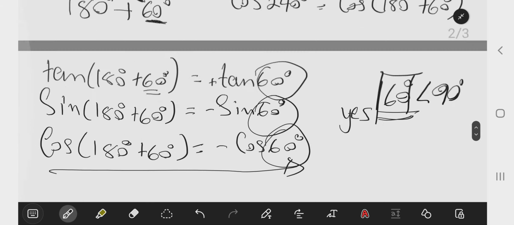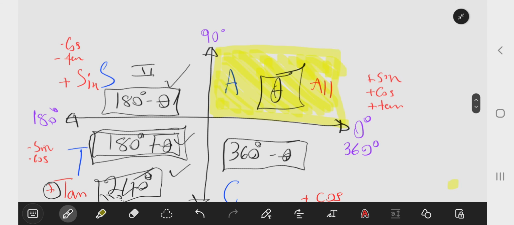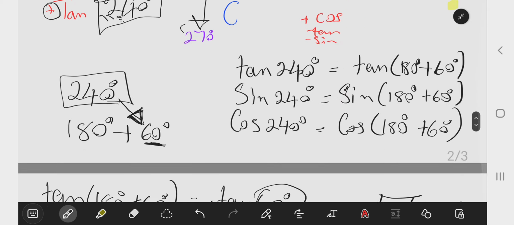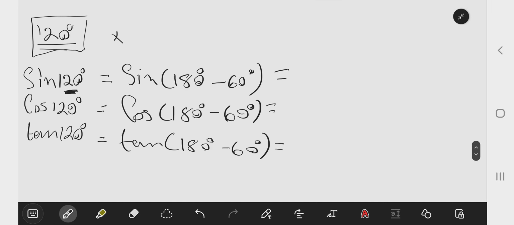So where is this angle actually? What is 180 minus theta? It's in the second quadrant, and only sine is positive in the second quadrant, right? So therefore this would be positive sine 60, right? But then if you want to evaluate cos 180 minus theta, it is still the second quadrant, right?